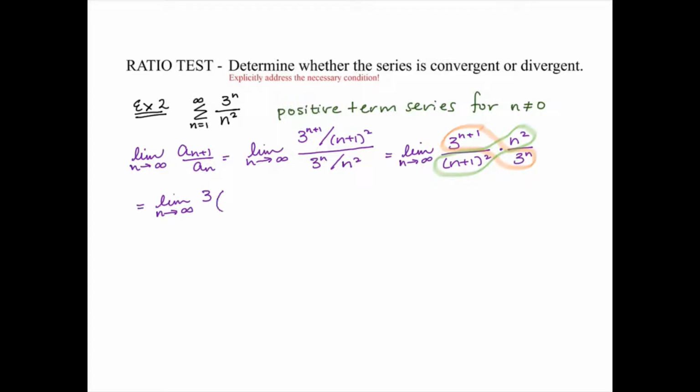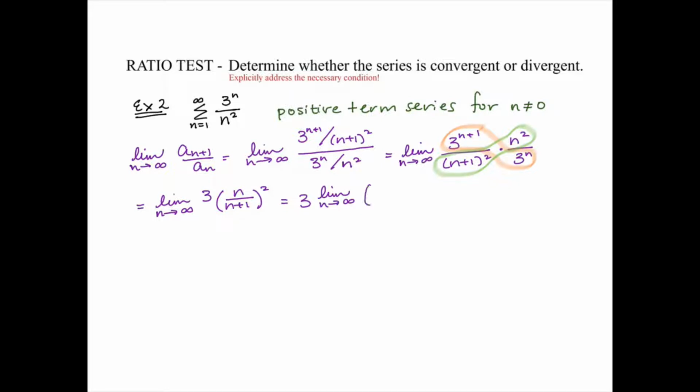So I'm going to write that as n over n plus 1 quantity squared. And so now I have 3 times the limit as n approaches infinity of n over n plus 1 squared.